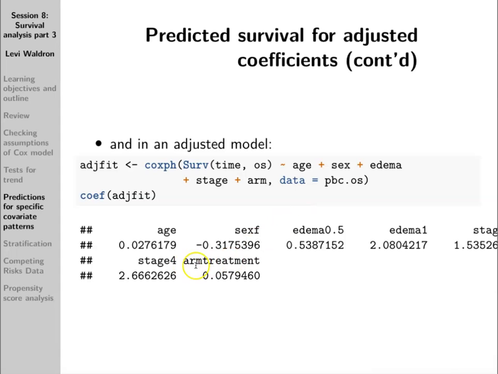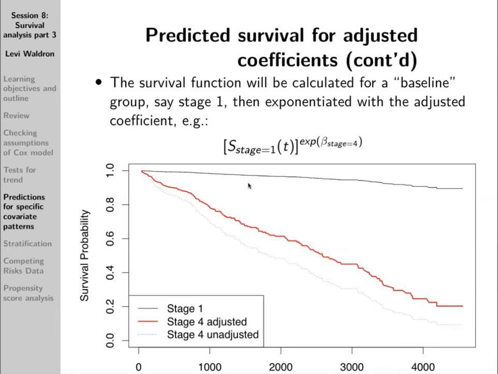So I get a new set of coefficients for stage, but these are part of a multivariate model where we have corrected for all of these other things. Whether or not that is advisable in this case, I don't know. Clearly, the treatment arm in a randomized trial is not a confounder, but it also doesn't seem to have any effect on the outcome.